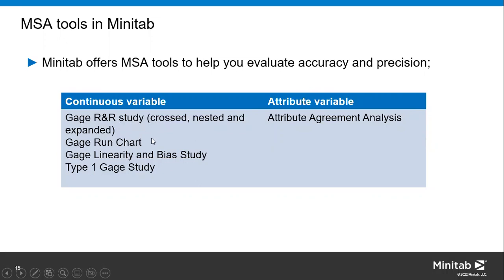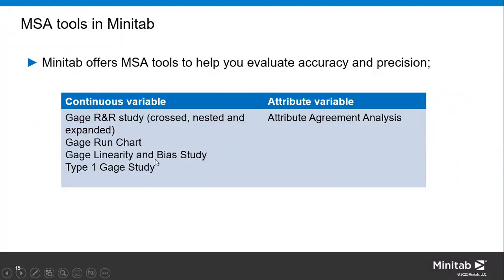And then we have the Gage run chart, which is to identify the source of variation by plotting. We also have the Gage linearity and bias study, which we will show after the Gage R&R.